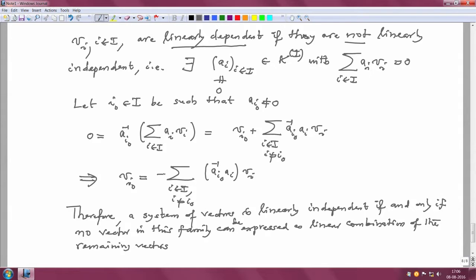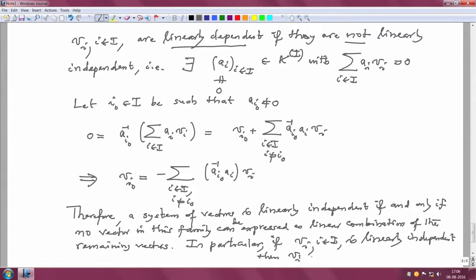Here, okay. In particular, if the family Vi is linearly independent, then Vi cannot be equal to Vj if i is different from j.